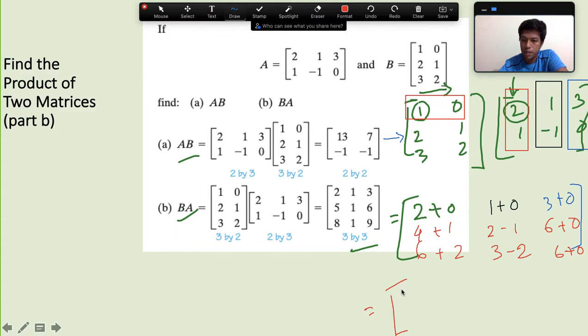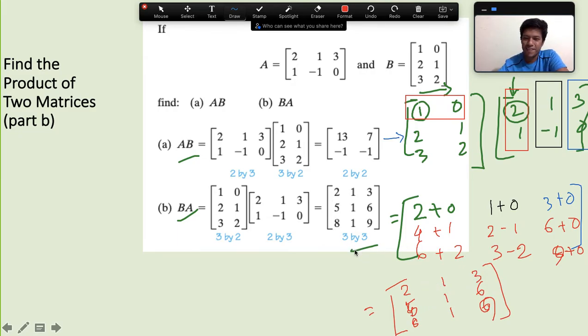Ultimately what we have here is 2, 1, 3, then 4, 2 minus 1 equals 1, 6, this is 8, 3 minus 2 is 1, then 6. This will be 9, right? Because 3 into 3 means 9. So this will be 9, 6, 3, 1, 1, 1. Oh, this is 5. This is 5 here because 4 plus 1 equals 5.